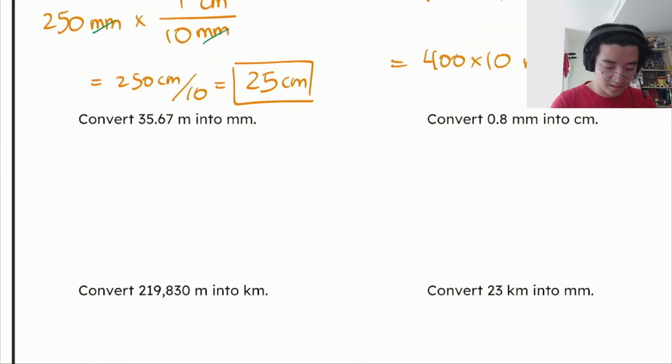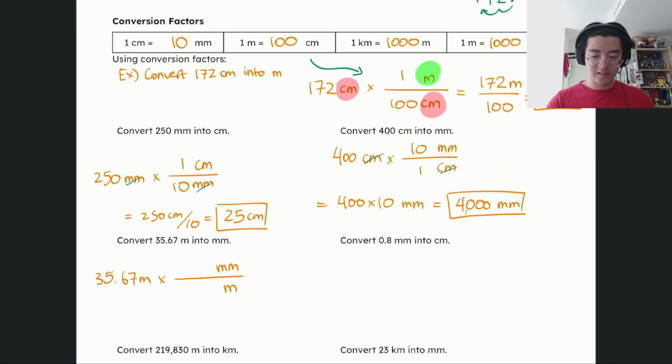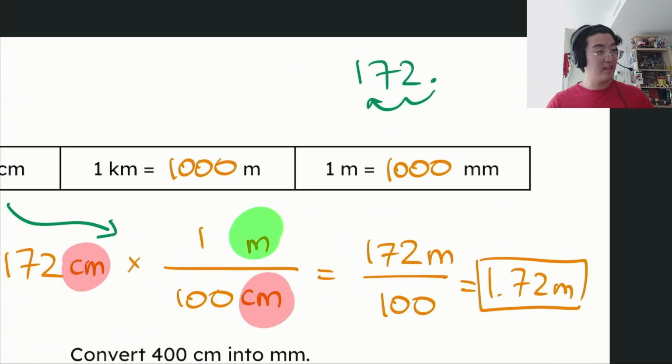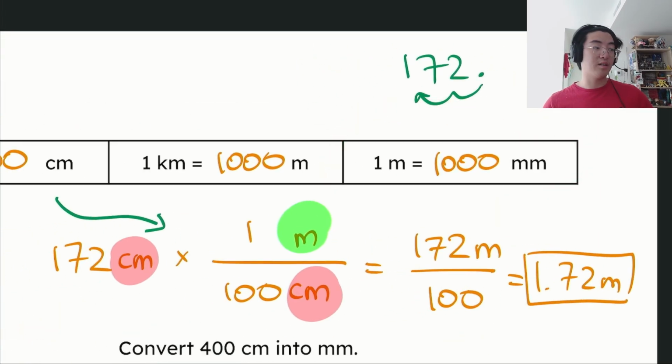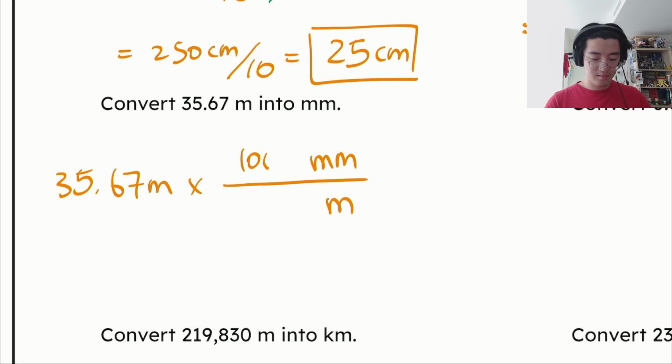Okay. Uh-oh, decimals. No worries. Convert from meters to millimeters. We know there's 1,000 millimeters in 1 meter. Cancel, cancel.